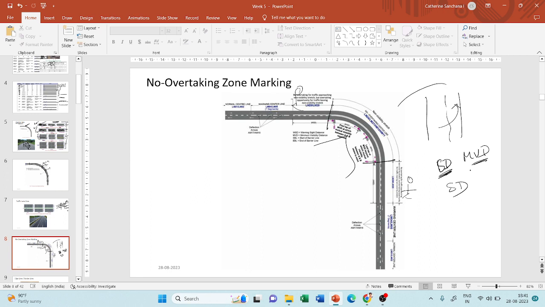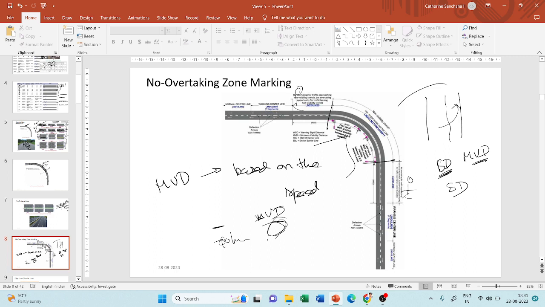So what you will do first, you will identify a minimum visibility distance based on the speed of vehicle. You have a table given in IRC which tells you for each speed of vehicle what is the minimum visibility distance available. So you will pick the minimum visibility distance. Say my speed on the road is 70 kilometers per hour.